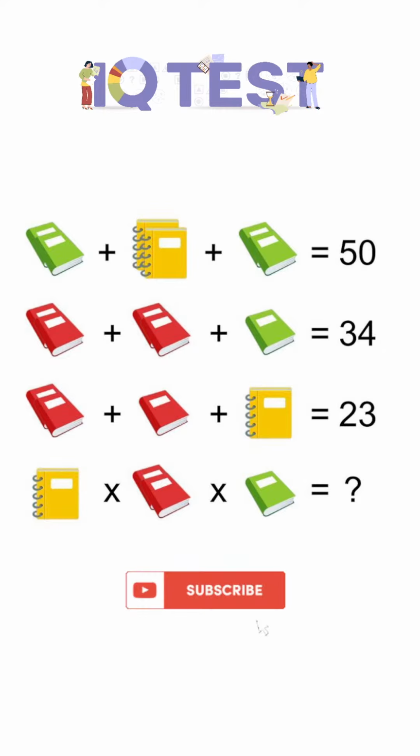So our answer: 1 yellow book, the yellow book is 5, multiplied by 2 times the red book, so 2 times 6, then multiplied by 1 green book, which is 10. Are we okay? So the 2 red books will give us 12. 1 yellow book is 5.